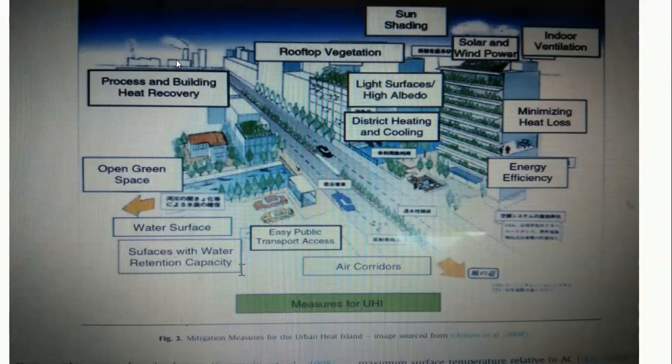In the city design, there should be some urban forest, and the buildings should have solar panels. They can use solar energy instead of thermal energy, and light surfaces that result in high albedo.